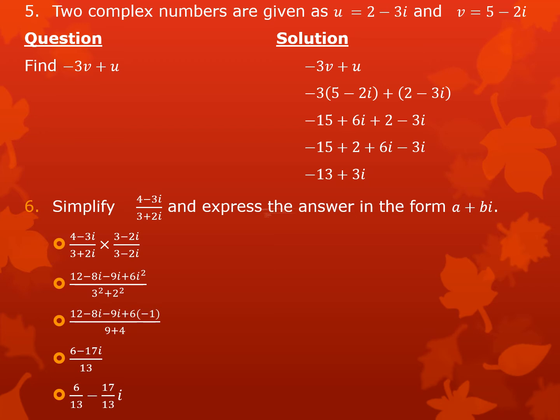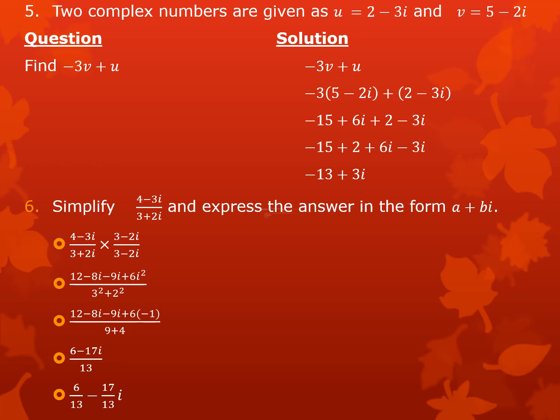So 4 minus 3i over 3 plus 2i times 3 minus 2i over 3 minus 2i. We need to multiply the numerators together and the denominators together. So in the numerator, we'll multiply 4 minus 3i with 3 minus 2i using the distributive property.